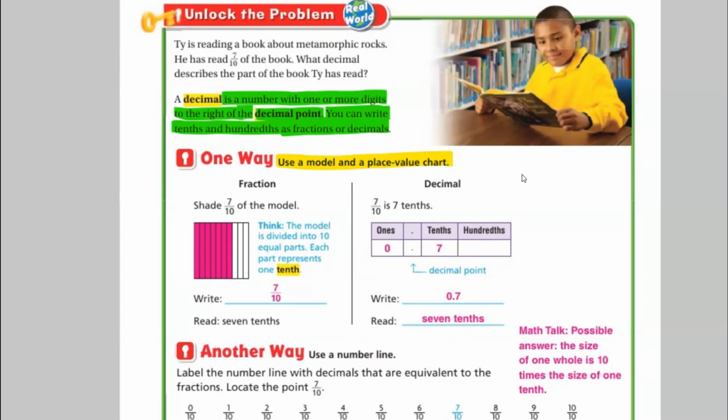So how many shaded parts do we have here? We have 7 shaded parts, so we write 7. And how many parts in total in this square? It will be 10. So it will be 7 over 10. That's how to write a fraction.